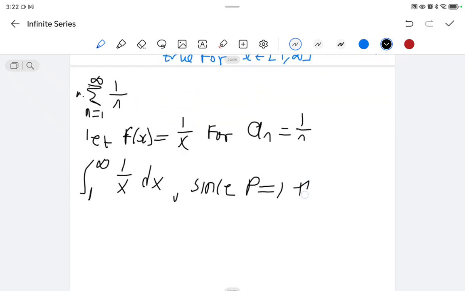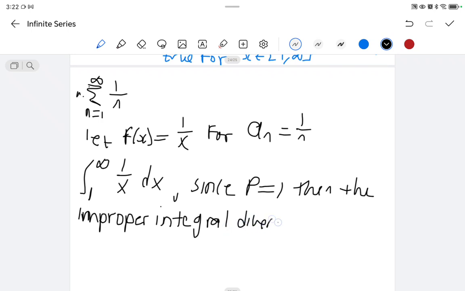It diverges, and then the improper integral diverges by the p-series. So the improper integral will diverge. Is there any question? I can see no one is typing anything in the chat box, so it means there's no question.